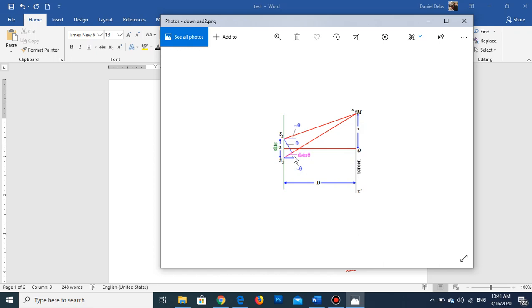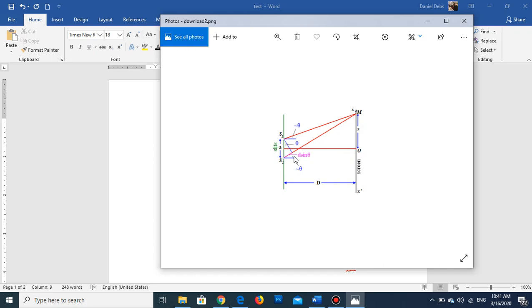If the optical path difference at a point M is equal to k lambda, which means that it is a multiple of lambda, for example, S2M covers 10 lambdas to reach from S2 to M, and from S1 to M equals 8 lambda, which means 8 total oscillations from S1 to M and 10 total oscillations from S2 to M, then the difference will be 2 lambda, which is 2 complete oscillations.